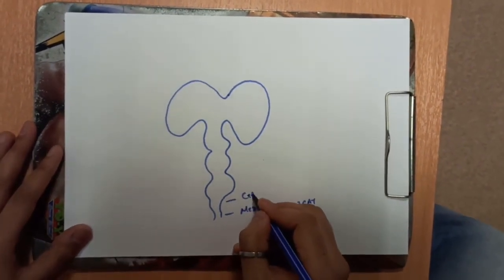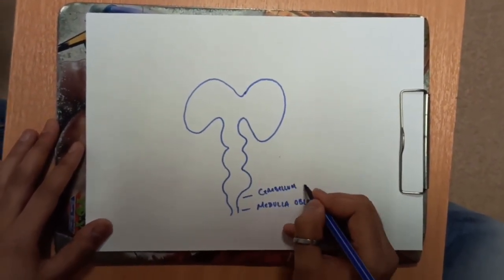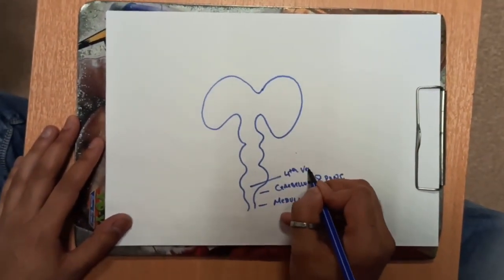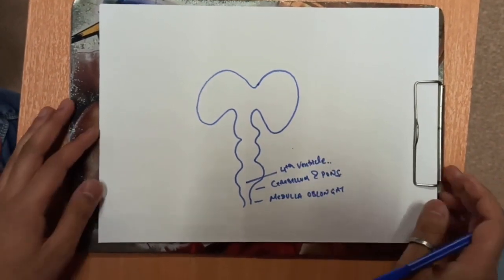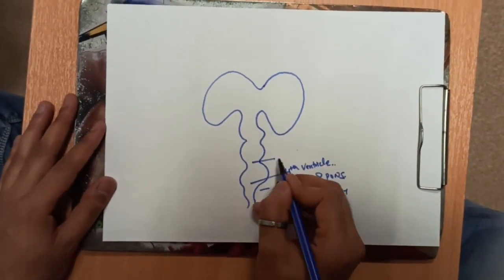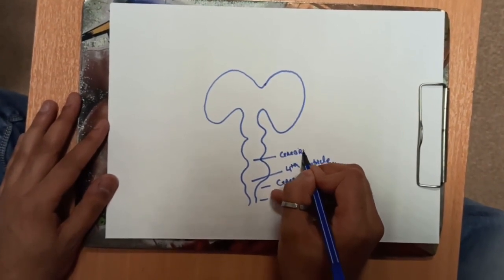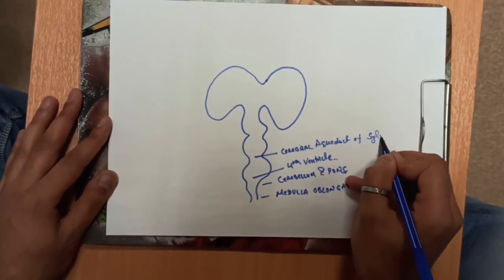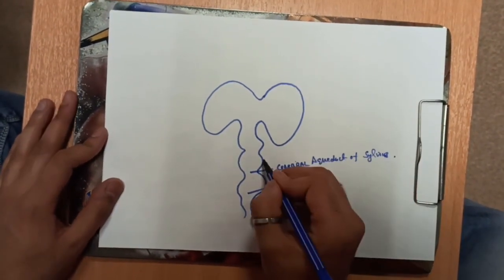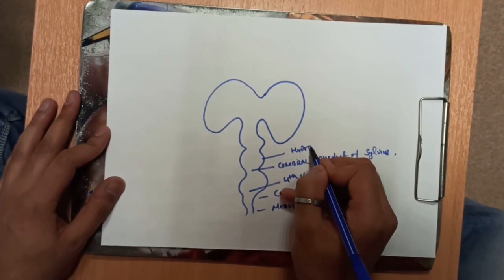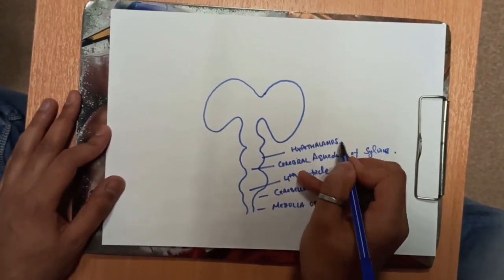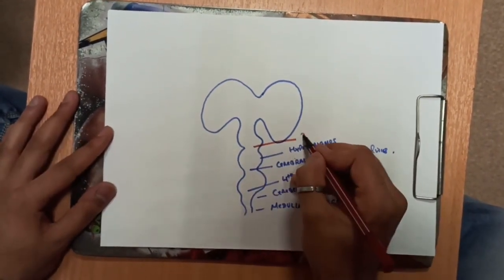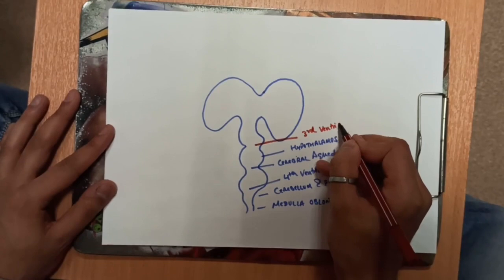This will develop into the cerebellum and pons. This part will be the 4th ventricle. This is the cerebral aqueduct of Sylvius. This will develop into the hypothalamus. This will be the 3rd ventricle or the diencephalon.